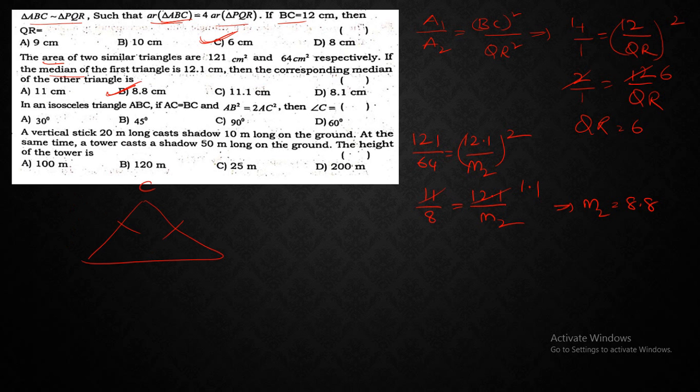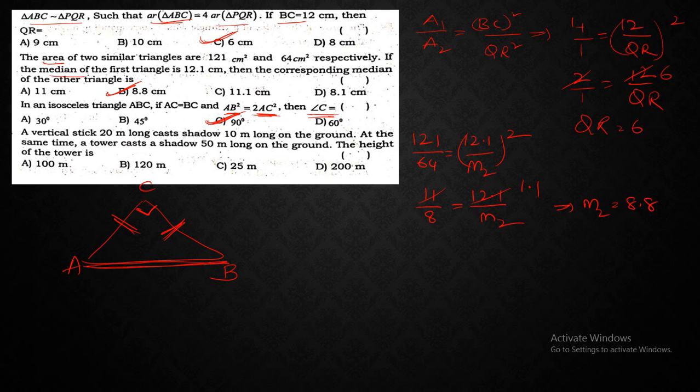If this is the common vertex, this is A, this is B. These two sides are equal, and AB square is equal to 2 times AC square. So clearly, in the previous condition, we said that AB square is equal to AC square plus AC square. So AC square I can write as BC square. So clearly angle C is 90 degrees.